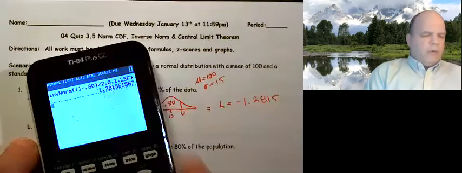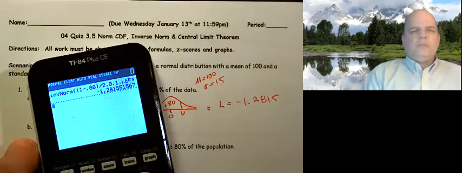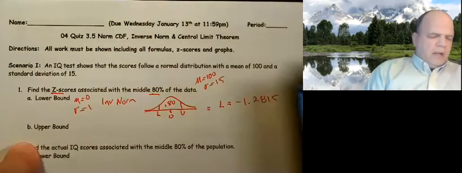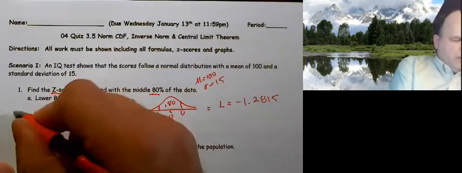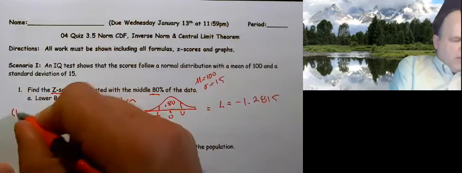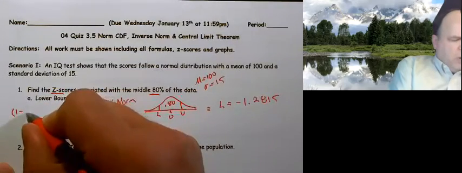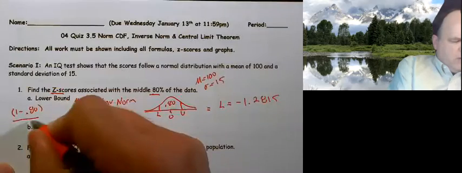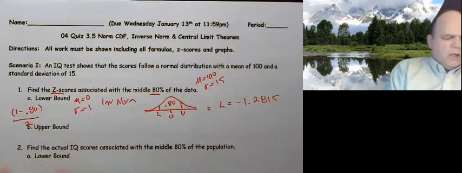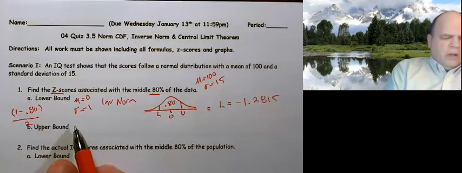We're going to do the first 4 digits. And then we need to go back and do the upper bound. All right. And by the way, this formula would have been 1 minus 0.80 divided by 2. Now we need to do the upper bound.